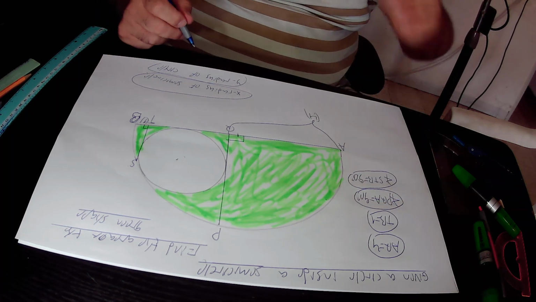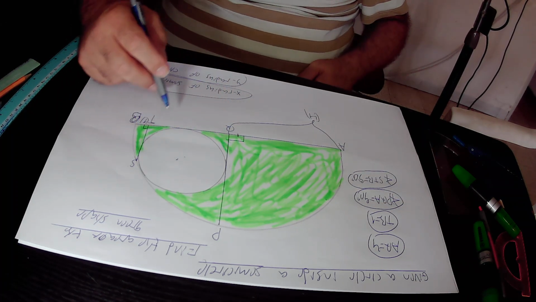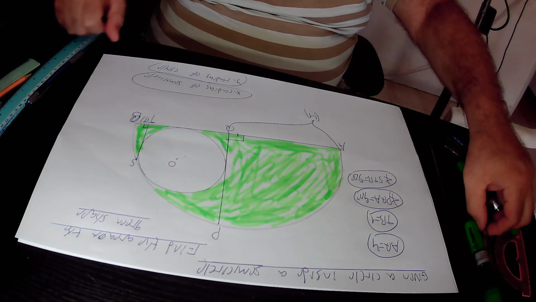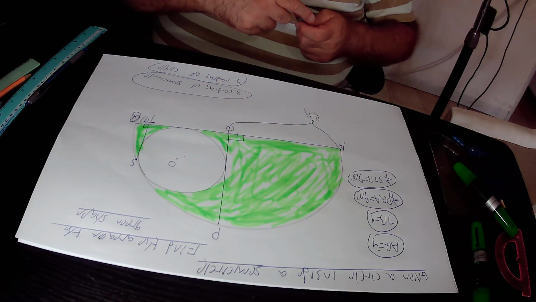In addition, we define the center of this small circle as O, and we define the center of this big semicircle.